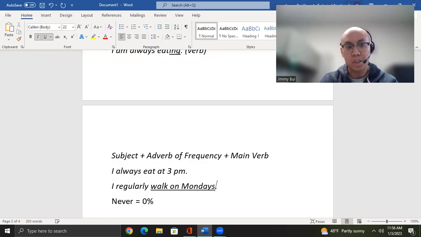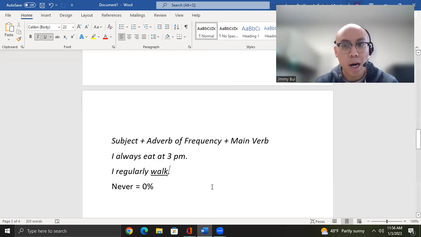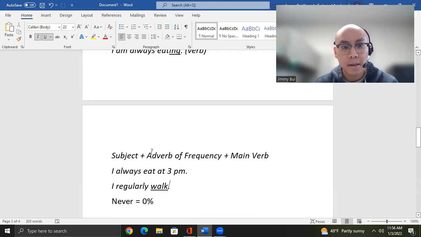Again, this shows a routine, a pattern. It's not an action that is happening right now or continuously. I don't necessarily have to put on Mondays, but I can just complete the sentence like that. And it is an assumption that I walk regularly with a routine. I regularly walk. Again, adverb of frequency, indefinite.